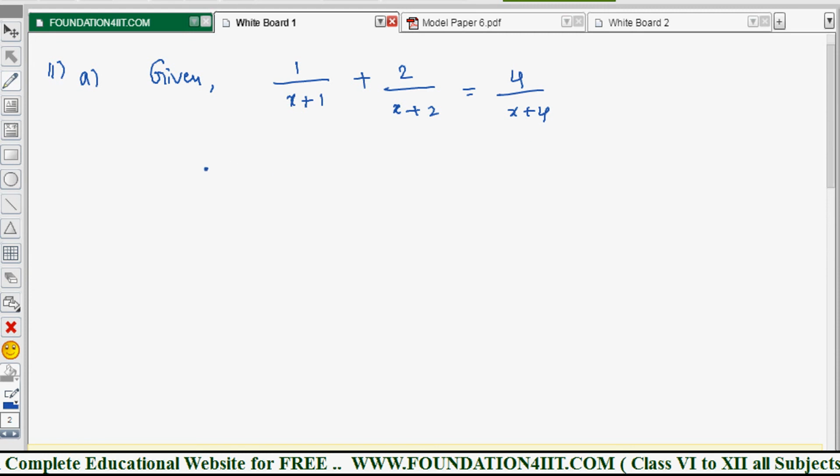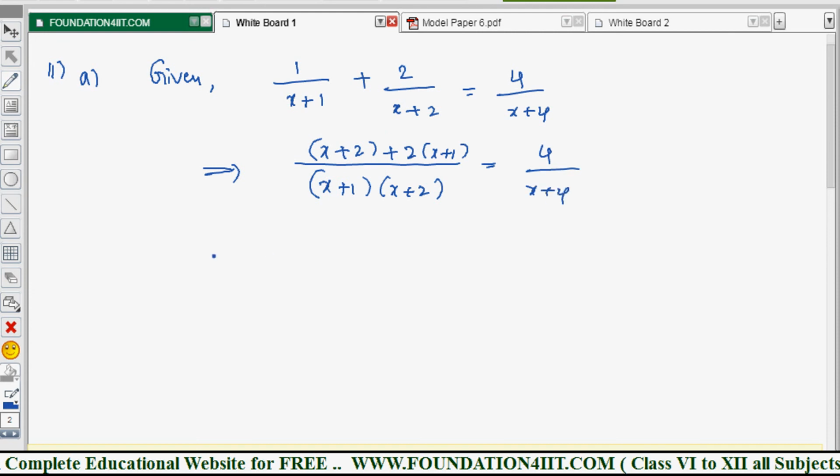Let us take the LCM. x plus 1 into x plus 2 is the denominator as LCM, and the numerator is x plus 2 into this plus 2 into x plus 1, equals 4 by x plus 4. Simplify more: x plus 2 plus 2x plus 2. So finally that is 3x plus 4 by x plus 1 into x plus 2 equals 4 by x plus 4.